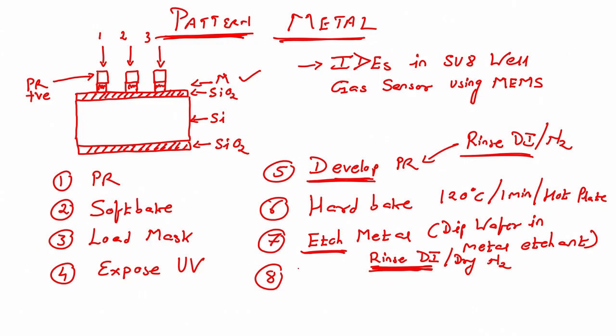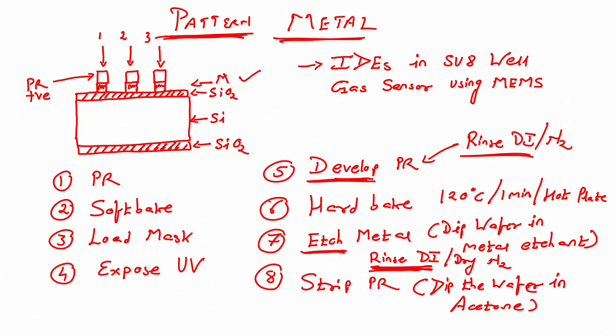The next step is, we do not want this photoresist, so we have to strip the photoresist. For stripping the photoresist, we all know we will dip our wafer in acetone.